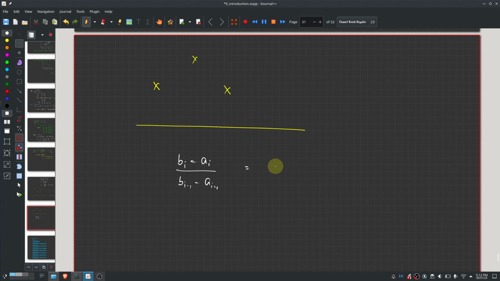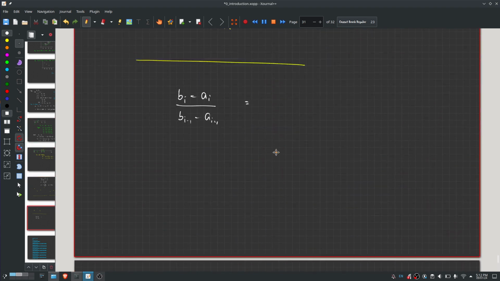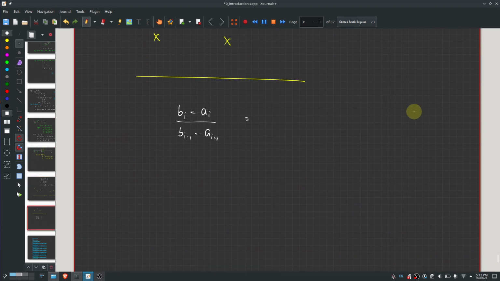This will always be 1 minus rho, because you have an interval of a certain length. You are cutting it by a fraction rho. You are throwing out that particular part, right? So if you look at this particular picture, I have A(i minus 1), B(i minus 1).